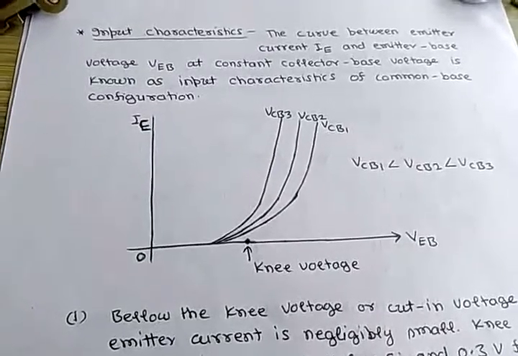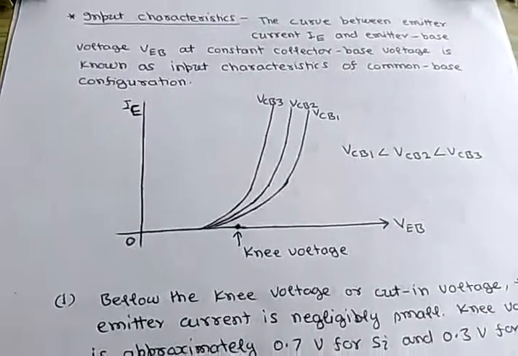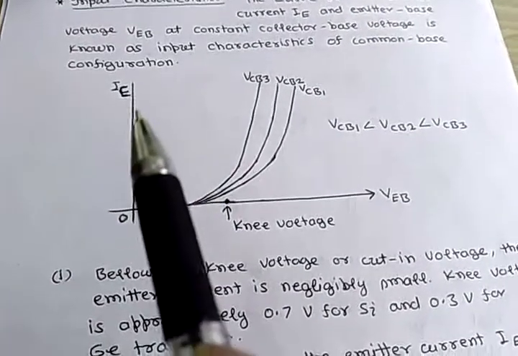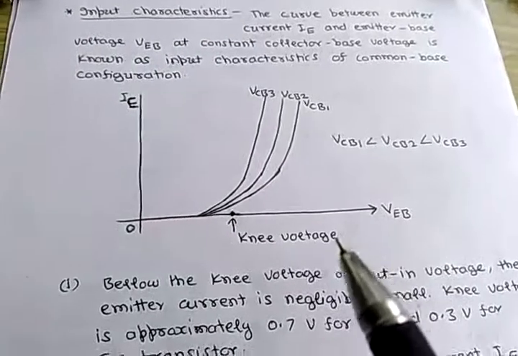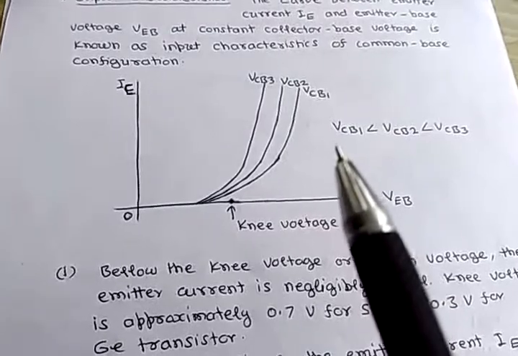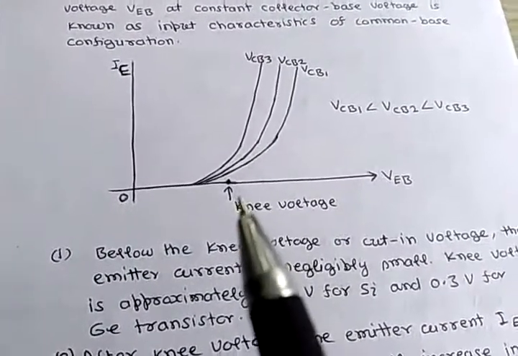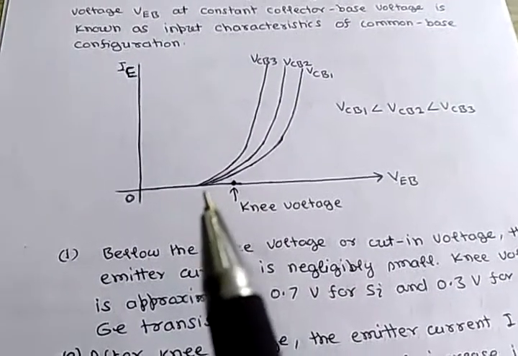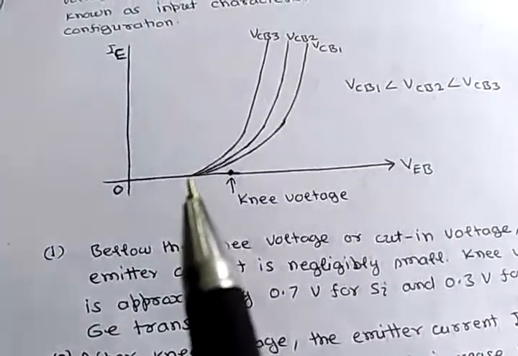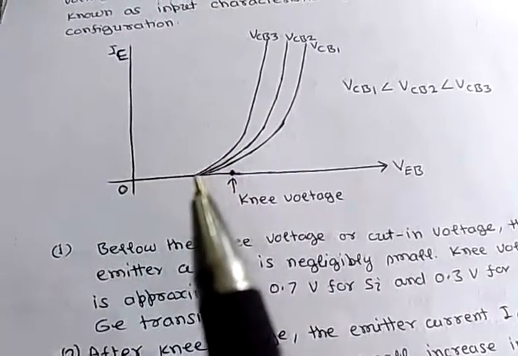This figure shows the input characteristics of common base configuration. Input characteristics of common base configuration is the curve between emitter current IE and emitter to base voltage VEB at constant collector to base voltage. As we are seeing in this curve, when the emitter to base voltage is below the knee voltage, the emitter current is very small or even zero.